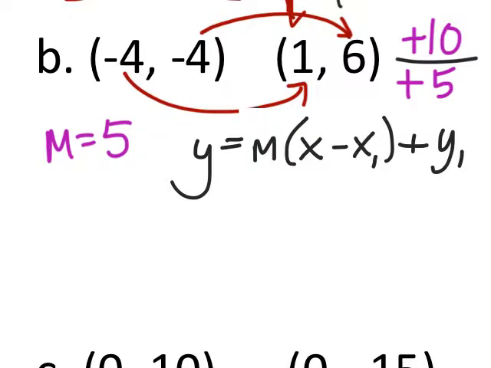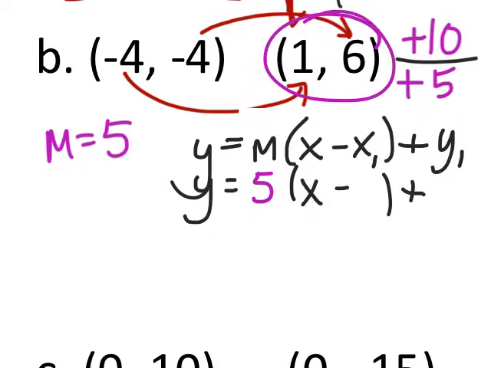And if we simplify this, eventually we will have slope-intercept form. So we have y equals the slope, which is 5. Then we have x. We'll have a minus and a plus there. The x value, again, I'm going to choose the same point, (1, 6). You can use (-4, -4). You're still going to end up with the same equation.